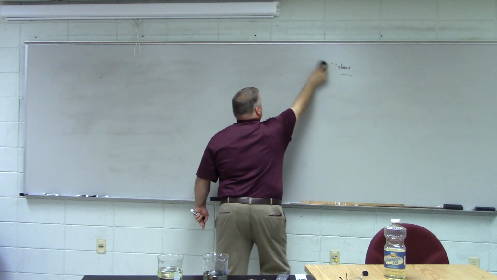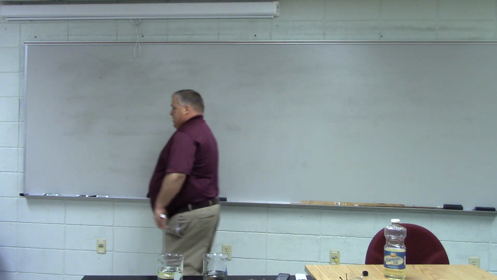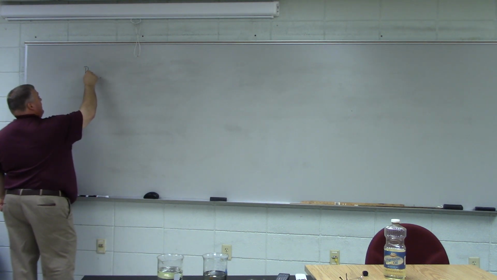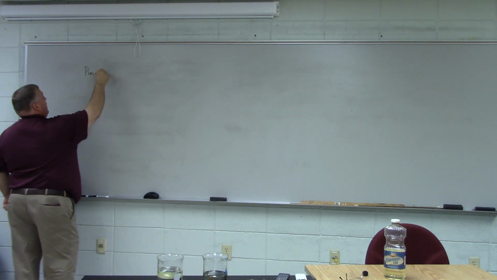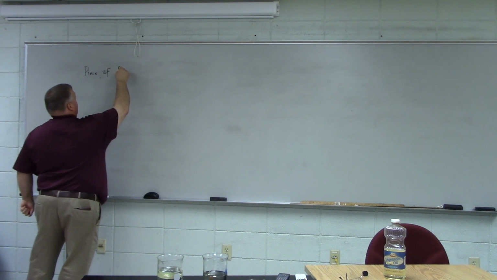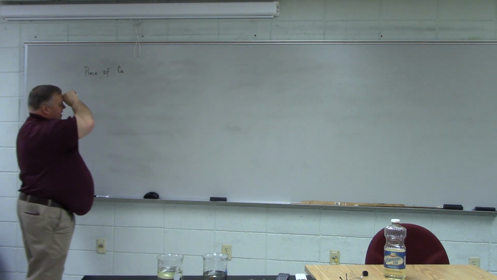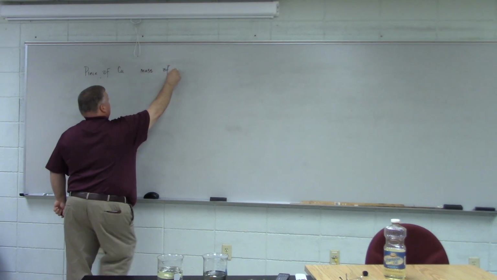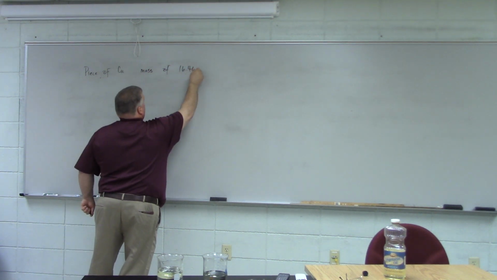Okay, I have a piece of metal. I've got a piece of copper. That copper has a mass of 16.46 grams.